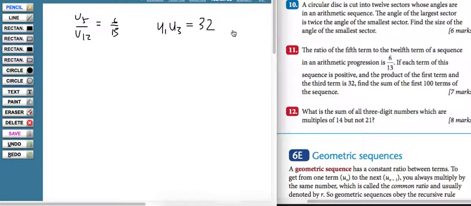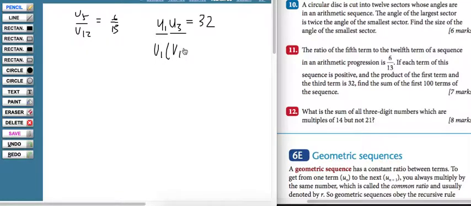So typically when making a system of equations, we want to choose a variable to be used in the system of equations. If you have one equation, you can solve for one variable. If you have two equations, you can solve for up to two variables. So let's try to express everything in terms of the first term, u1. So u3 can be written as u1 plus 2d.